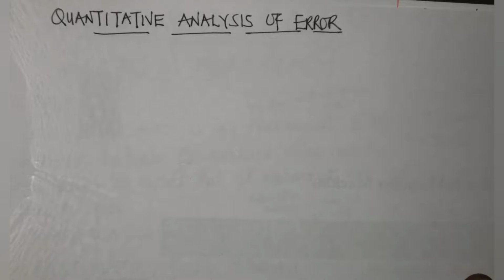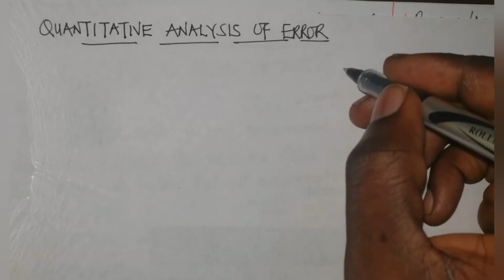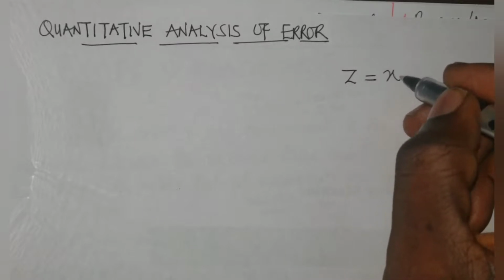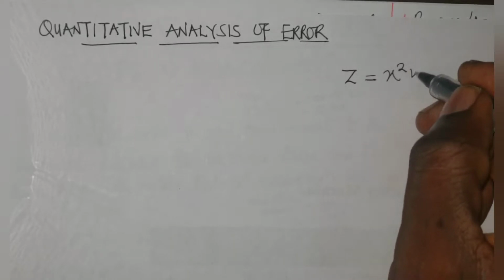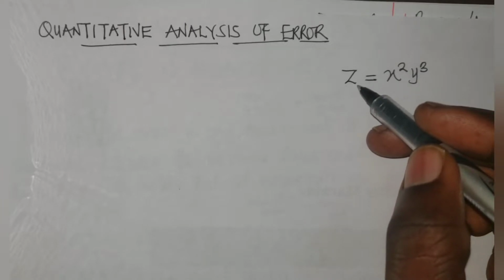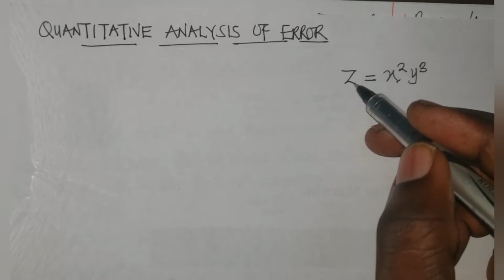Let us quickly see what partial differentiation is all about. Let's assume that we have a function z equal to s squared y raised to power 3, and I want to find the differentiation of z with respect to s, and also with respect to y.